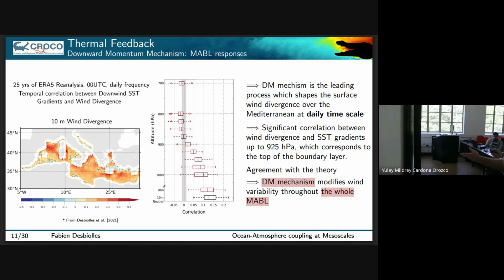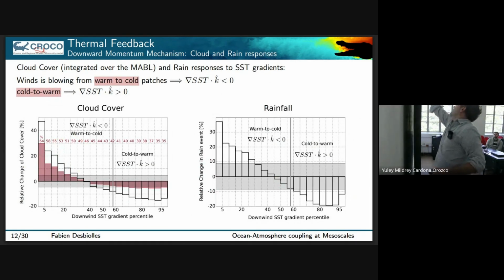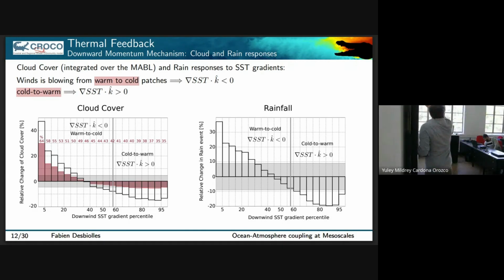And this is actually true. So this is when the SST is going to the cold side, and to the warm side. So here you have a creation of convergence, and here a creation of divergence, okay?